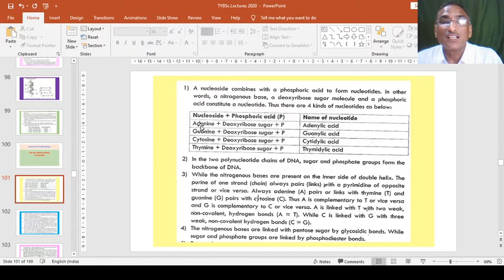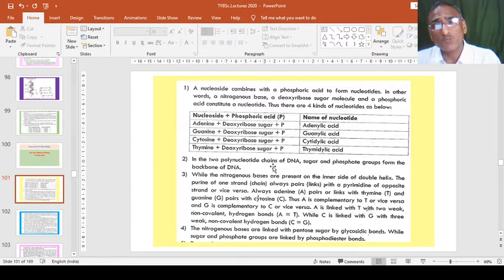So these are adenine, guanine, cytosine, and thymine. These are adenylic, guanylic, cytidylic, and thymidylic acids. So these all are the nucleotides formed by the union of the deoxyribose sugar and the phosphate group.